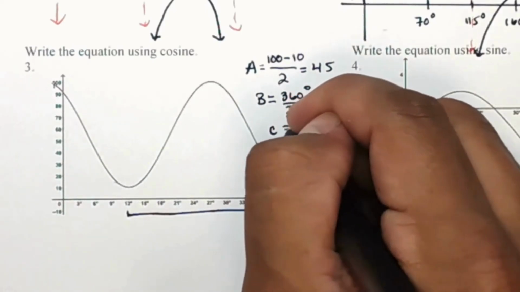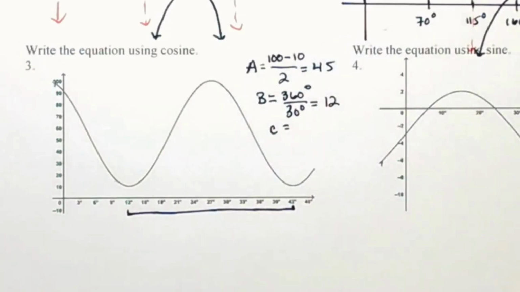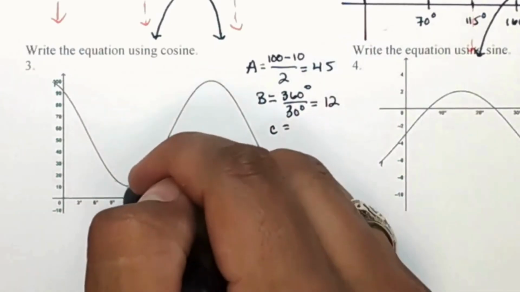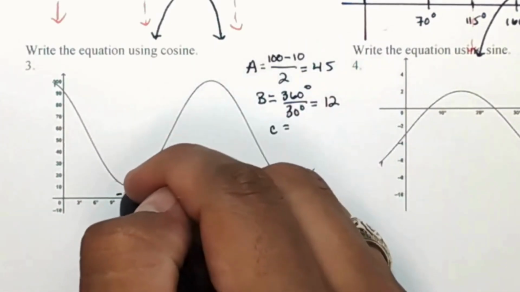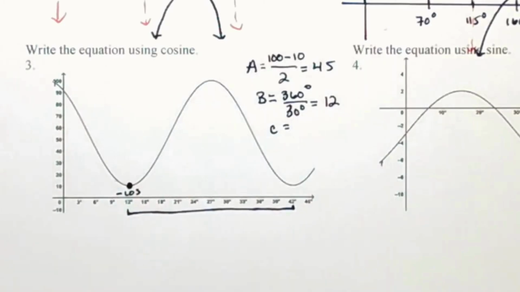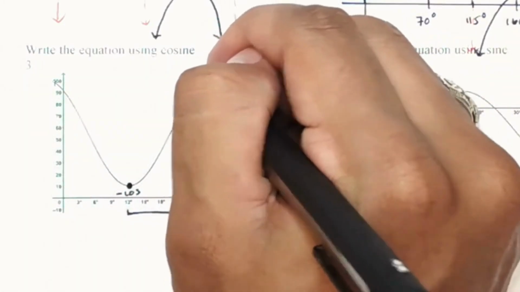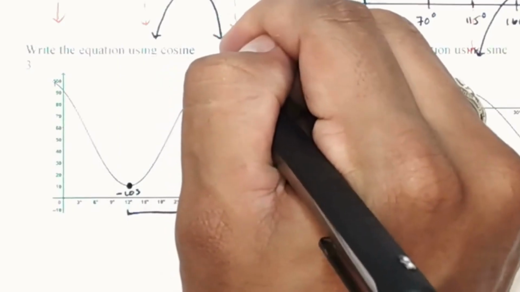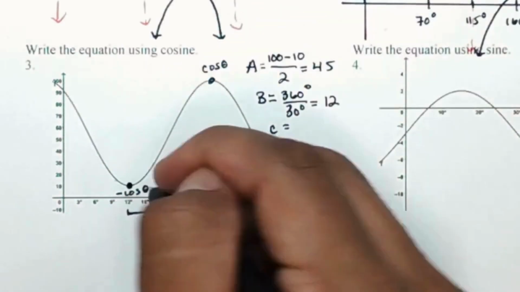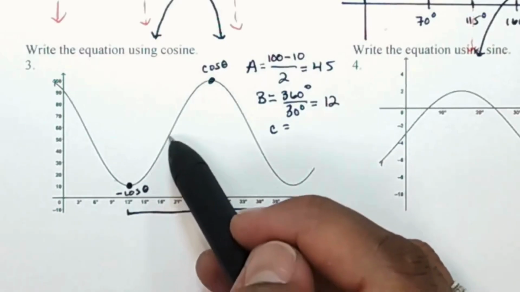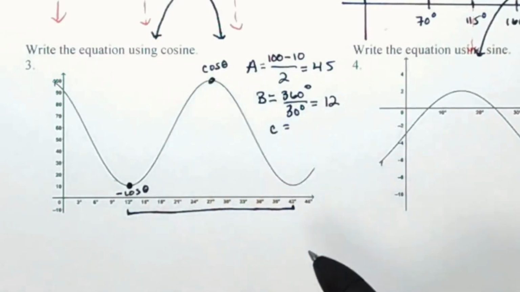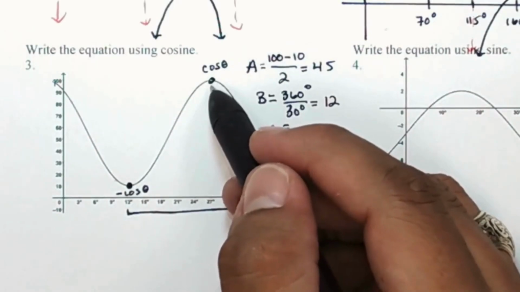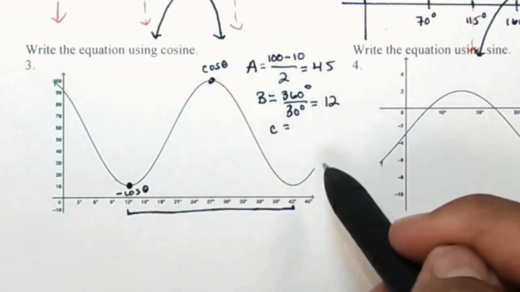C changes depending on where you're starting. If I wanted to start my graph here, I would start graphing a negative cosine graph. If I wanted to start here, this would be a positive cosine graph. I'll put a theta there. Okay. Because here we're starting low and going all the way through. Up here, we're doing the max. So we start here and we go through that way.